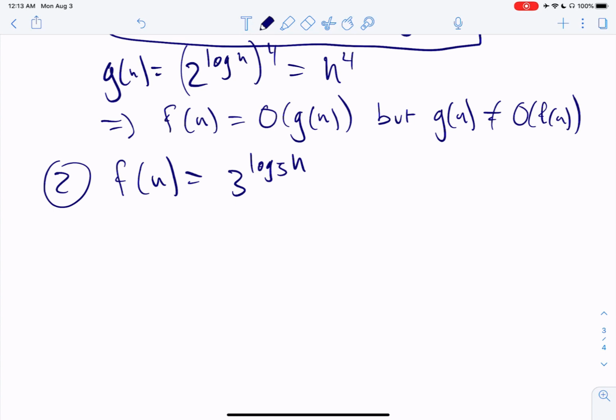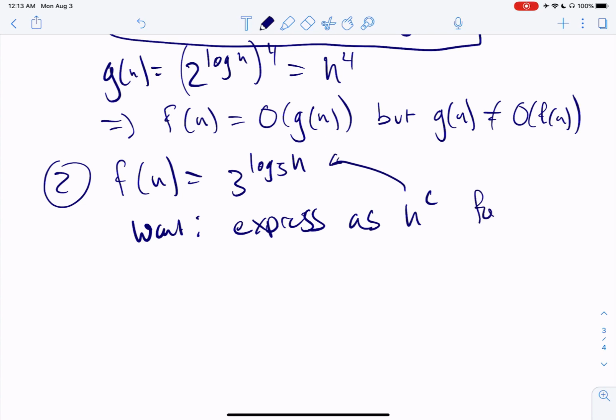So what I want to do is to express this thing as n to the c for some c bigger than 0. It's important for us to answer what that c is. If it's bigger than 1, for example, then this thing is going to be growing. And if it's less than 1, then this thing will be shrinking. So it's very important for us to figure out what c is in this case.